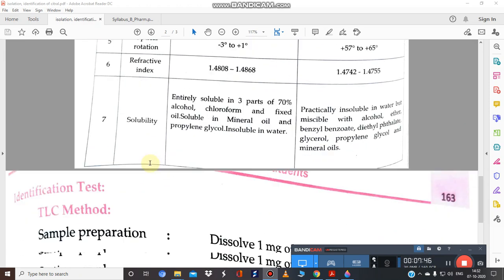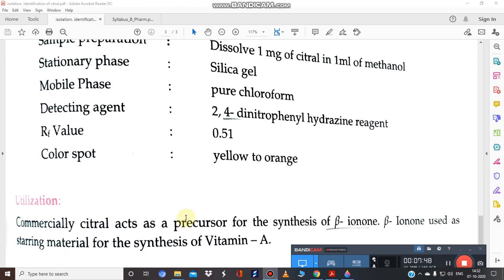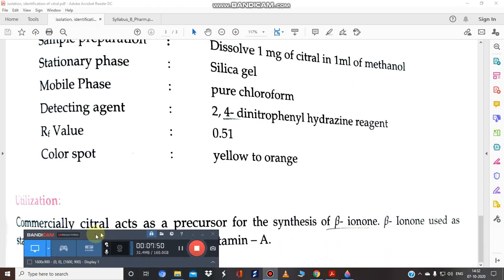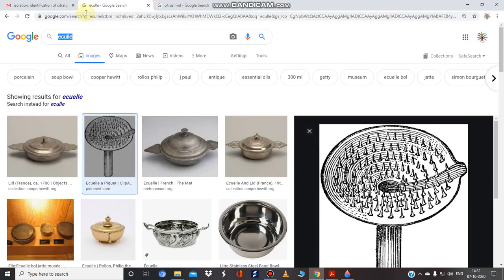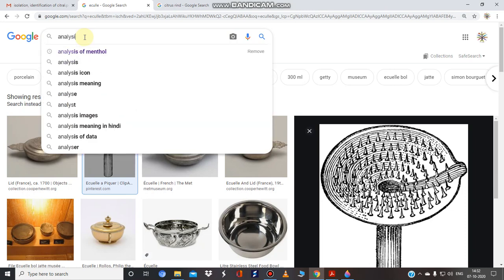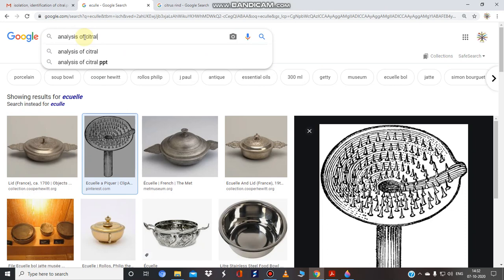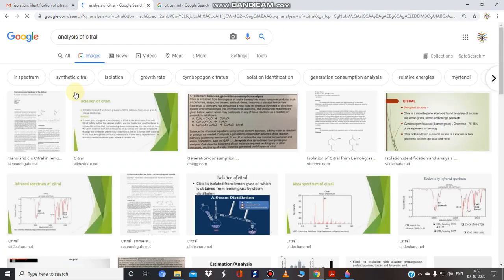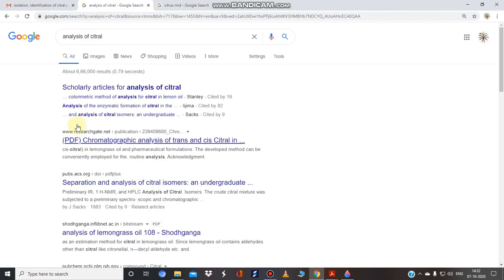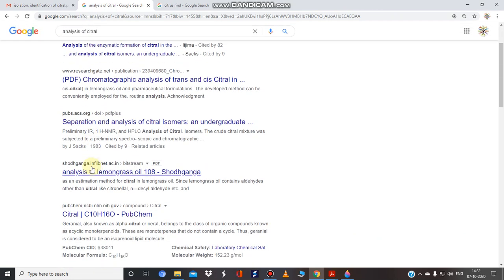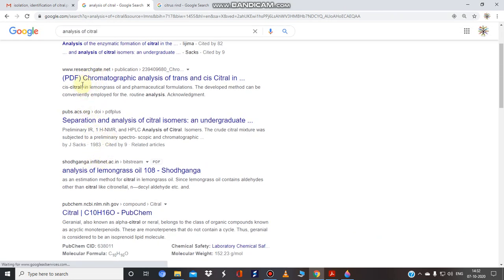In this book no analysis is given, so let's see the analysis part also. I hope you remember the analysis of volatile oil. We generally use the method of gas chromatography. If I type in Google analysis of citral, let's see the results. It mostly shows different types of chromatographic approaches.